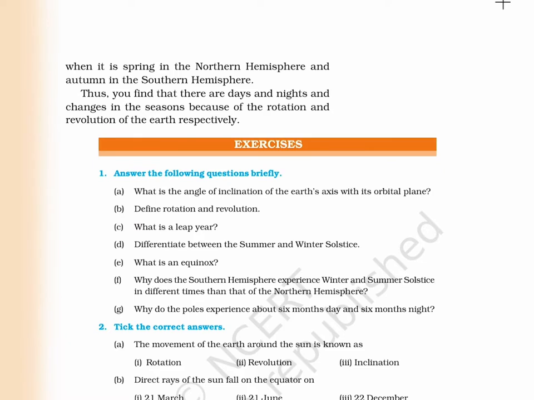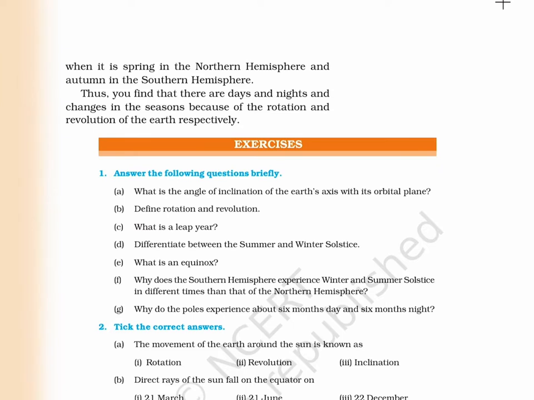E. What is an equinox? F. Why does the southern hemisphere experience winter and summer solstice in different times than that of the northern hemisphere? G. Why do the poles experience about 6 months day and 6 months night?